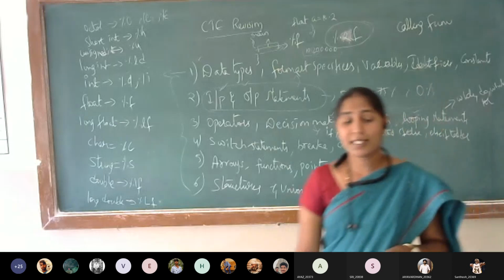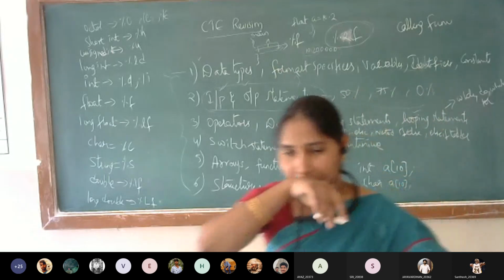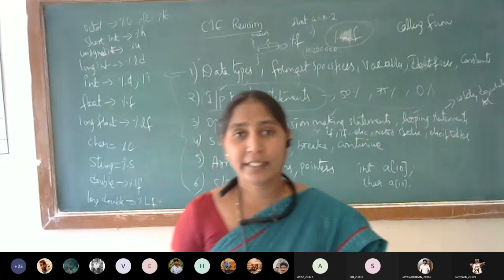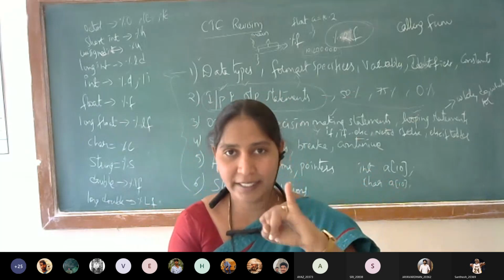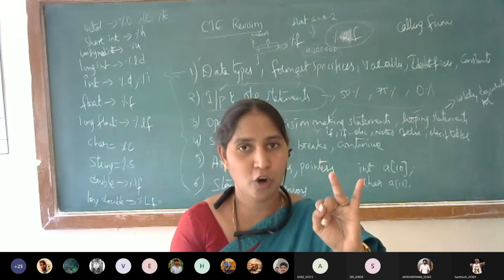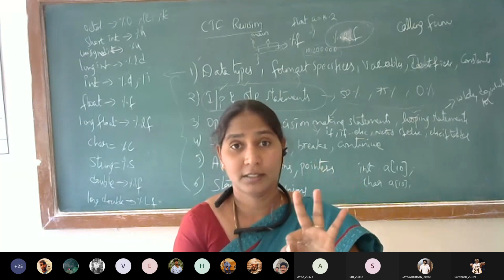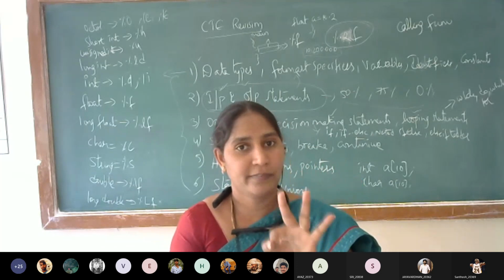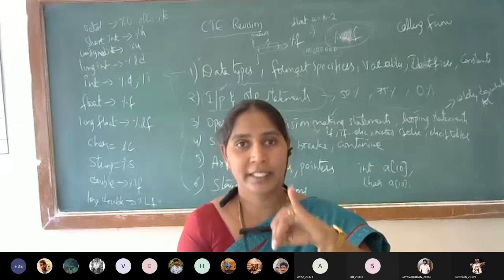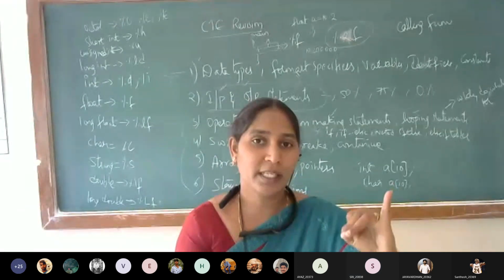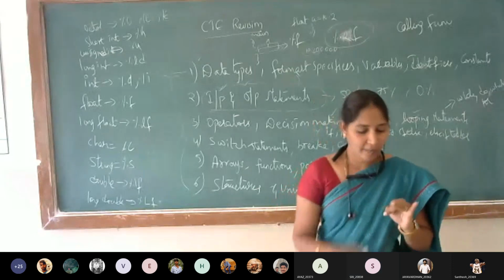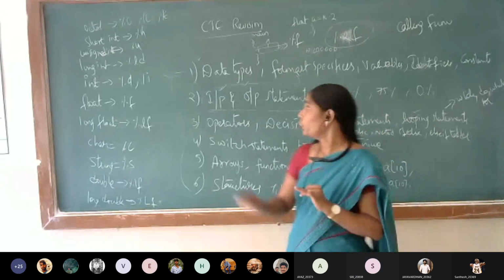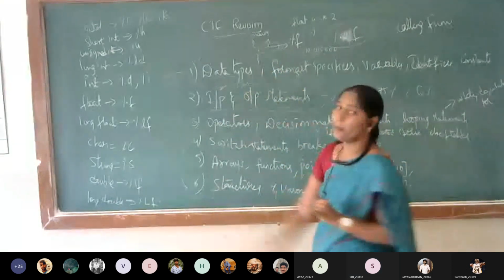A function consists of three different parts. The first one is function declaration, the second is function call, and the third is function definition. The function declaration will be performed either in the global declaration section or in the local declaration section. After that, the function call should be performed here in the executable part.